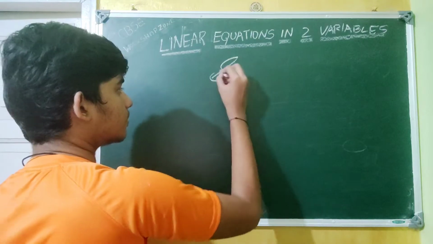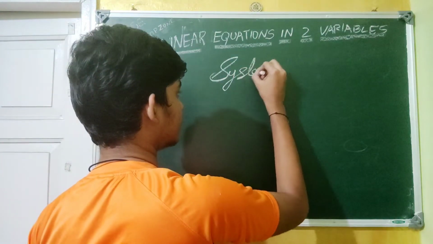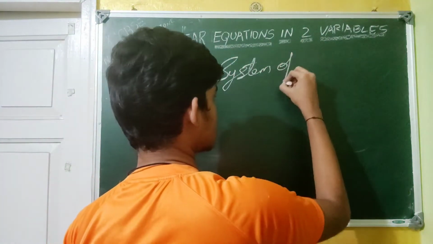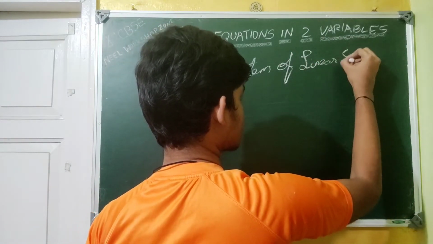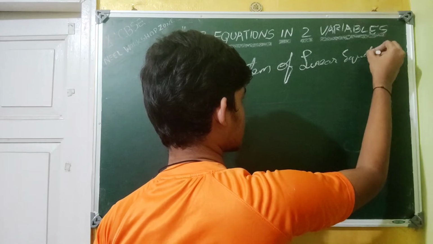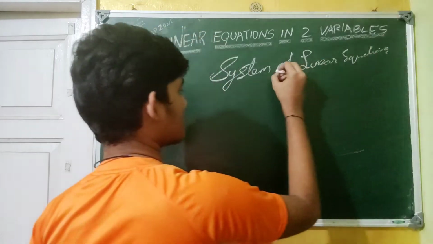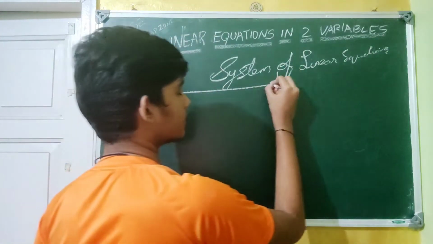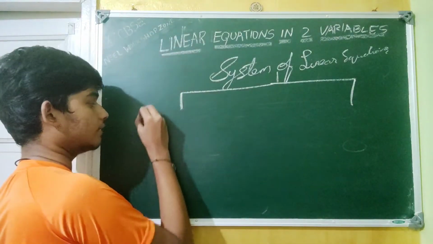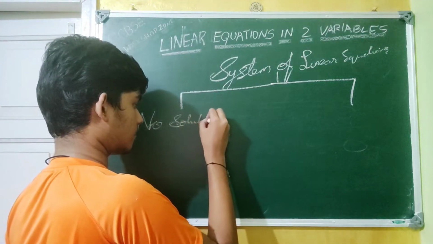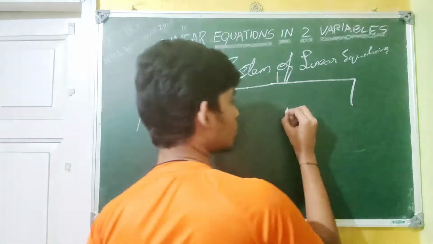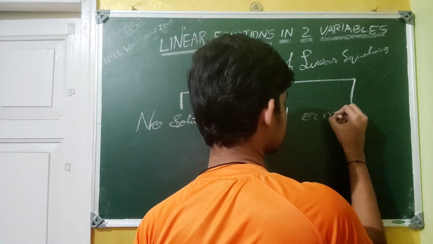Now let's write about the system of linear equations. A system of linear equations is divided into two parts: the one which has no solutions, and the one which has one or more solutions.